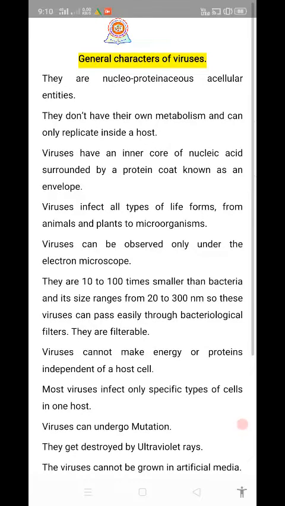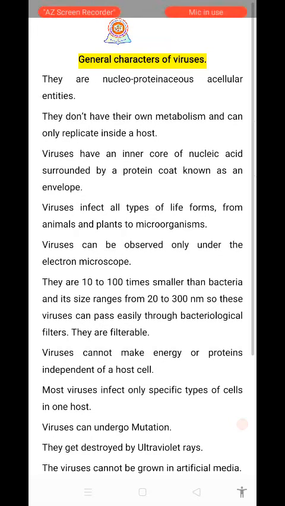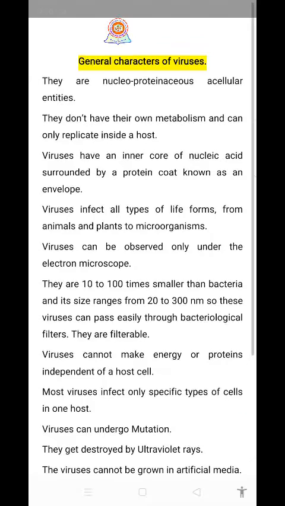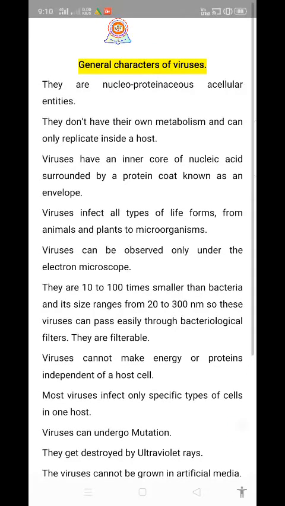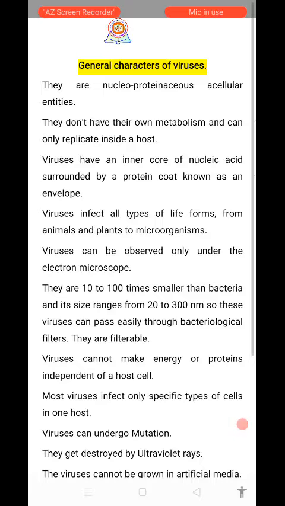They contain nuclear material and proteins. No definite cell structure is found in the viruses. That's why they are nucleoproteinous acellular entities. That is the first character of the virus.